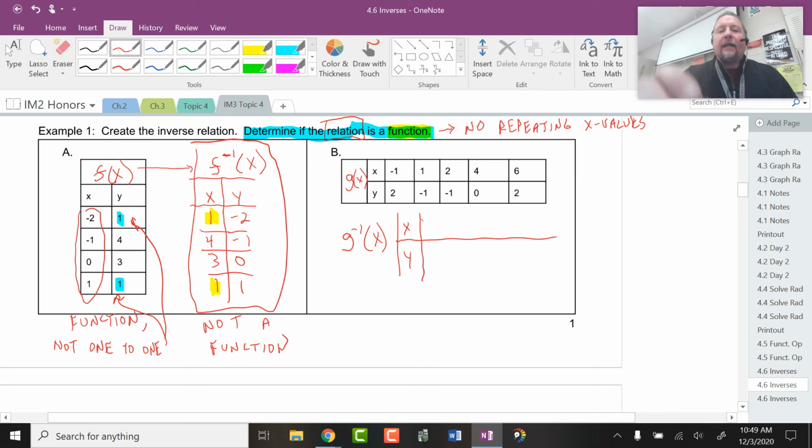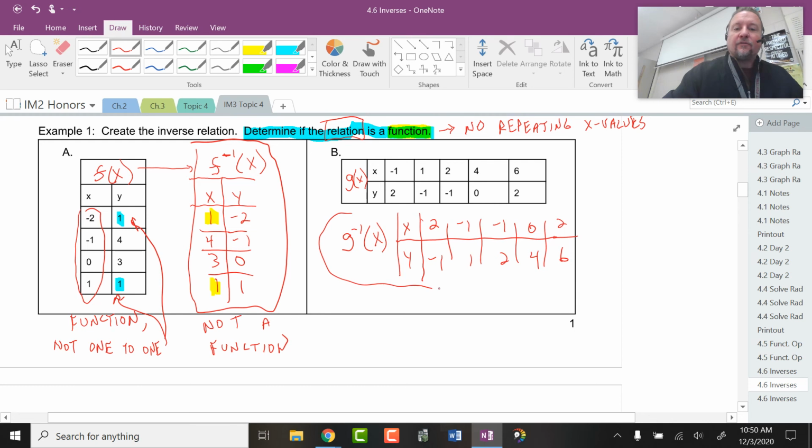Gracie, what's the inverse of g of x? 2, -1, not one, -1, 2. -1, 1, -1, 2, 0, 4, 2, 6. Wax on, wax off. Karate Kid. Gracie, function or not a function, this g to the -1st of x, or inverse of x?